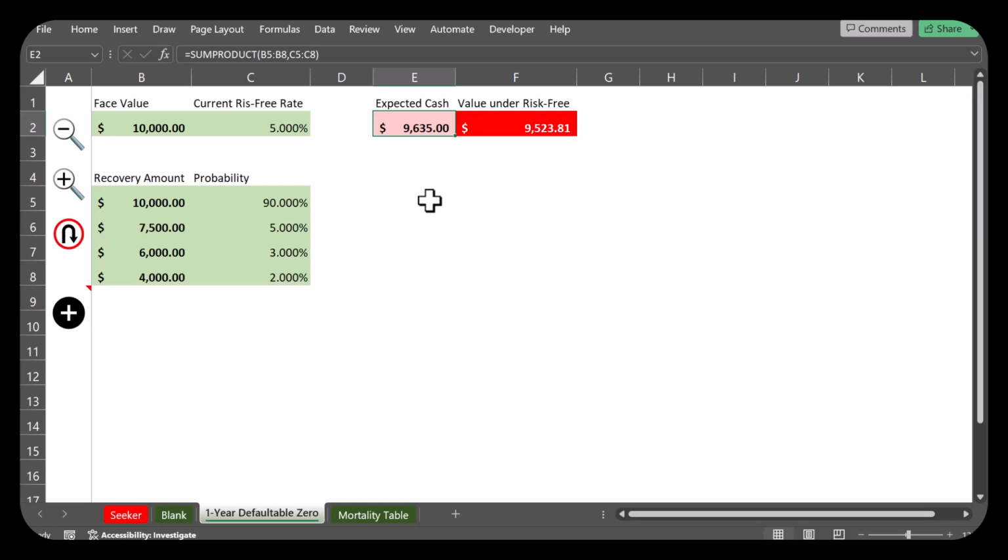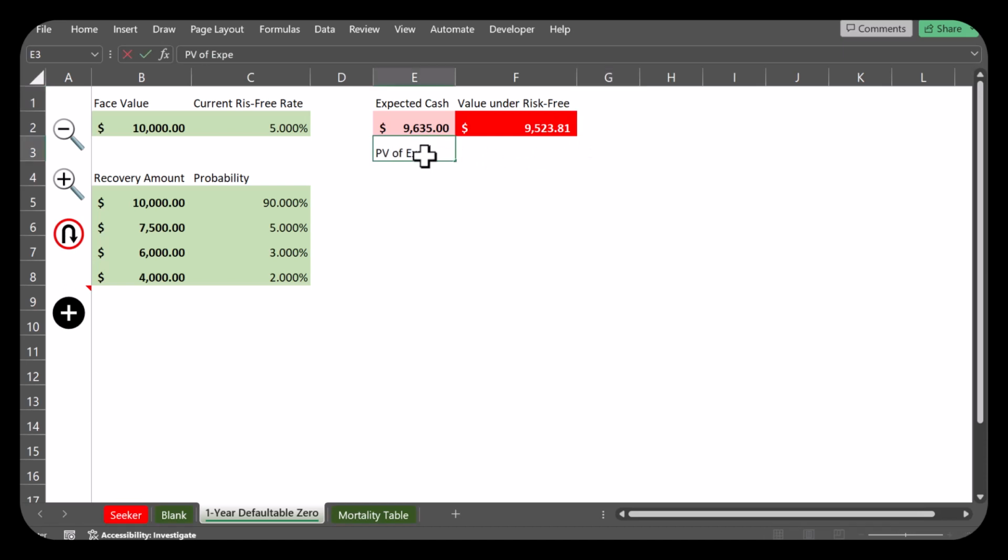Because expected cash means, on average, I expect to get $9,635. Since that's expected, I'm going to go ahead and discount that using the risk-free rate. Let me do that here.